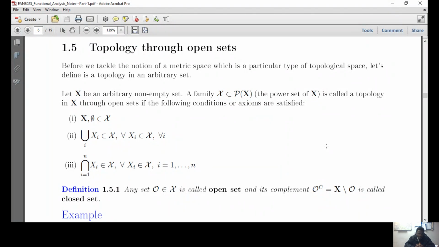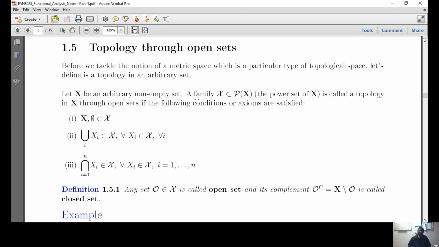As you can see on the slide, we assume that we have X, an arbitrary non-empty set. This is our underlying set, and we are going to define the topology on X. As usual, we take our calligraphic X to be a subset of the power set of X. So this is a collection of subsets of X, a family or a collection.